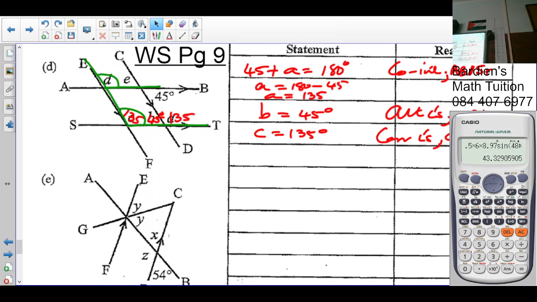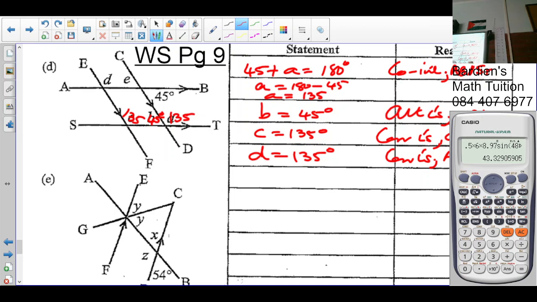So I say D is equal to 135 degrees. These corresponding angles. That F was lying this way. So it's going to be AB is parallel to EC. Then take the calculator away there and see how much. Yeah, just take this away.